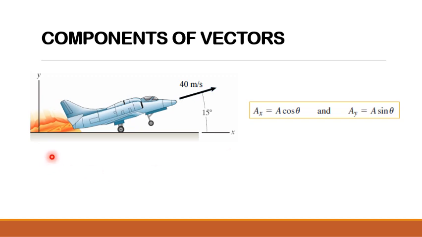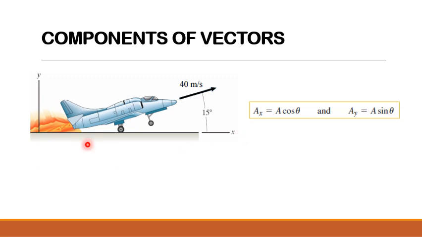Let's say an airplane is to be launched. It's about to depart. Now it's moving at a velocity of 40 meters per second at an angle of 15 degrees from the positive x-axis. How are we going to get the x component of the vector 40 meters per second?